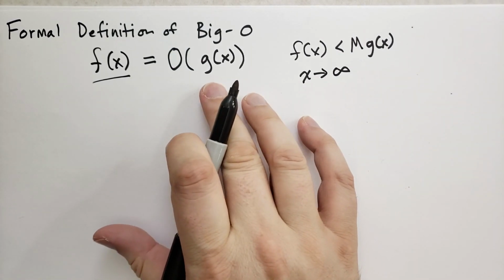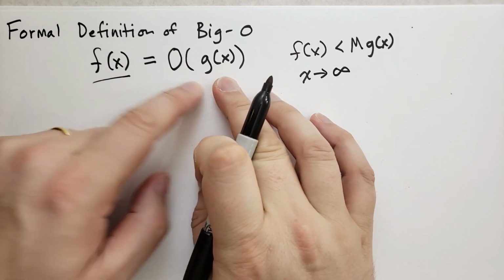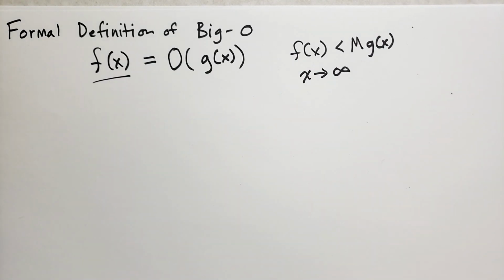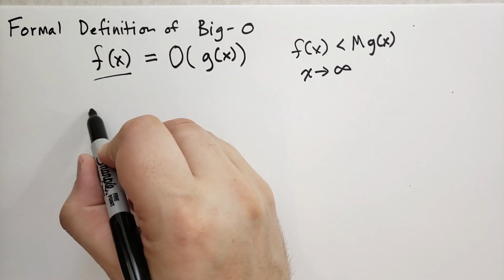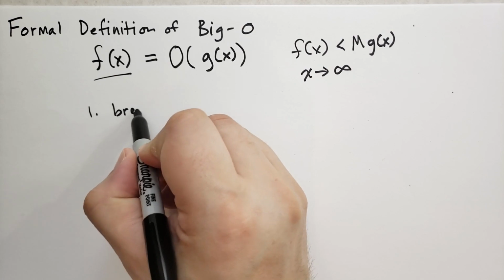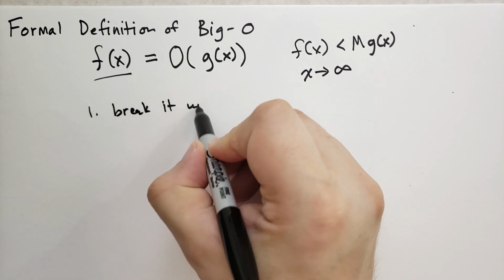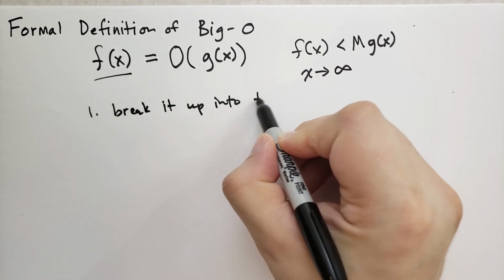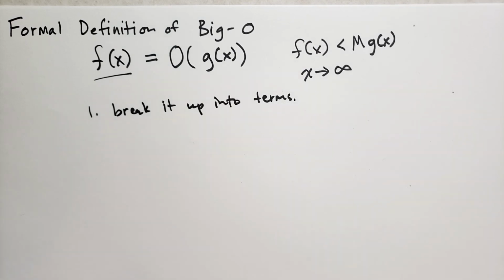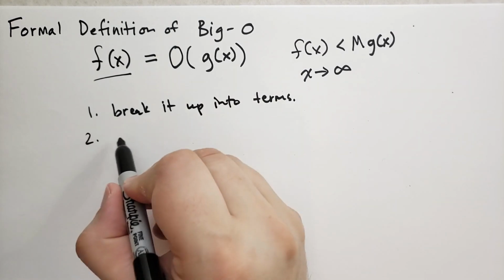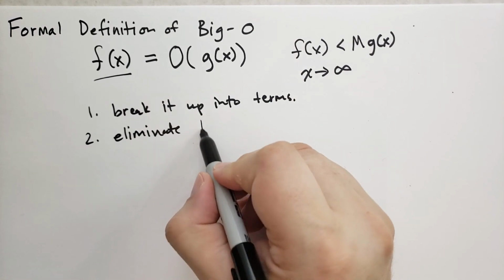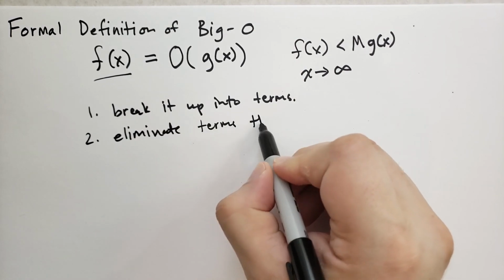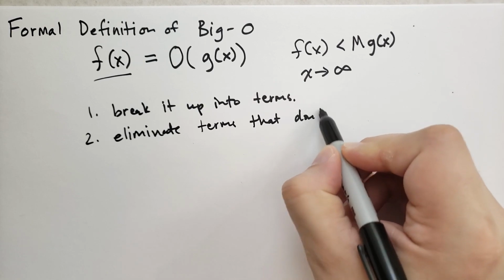We're going to use a small set of g of x's to describe these algorithms so that we can quickly compare many algorithms together. In order to calculate the big O, what we do is we take the f of x, we break it up into terms. After we've broken it up into terms, then we eliminate the terms that don't blow up the fastest.